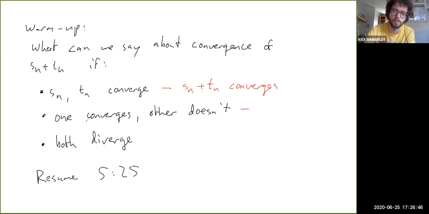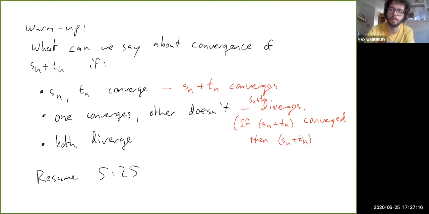There's actually a very fast argument to prove this. So the answer is that Sn plus Tn diverges, right? Because otherwise, here's the argument. It's a contradiction argument.